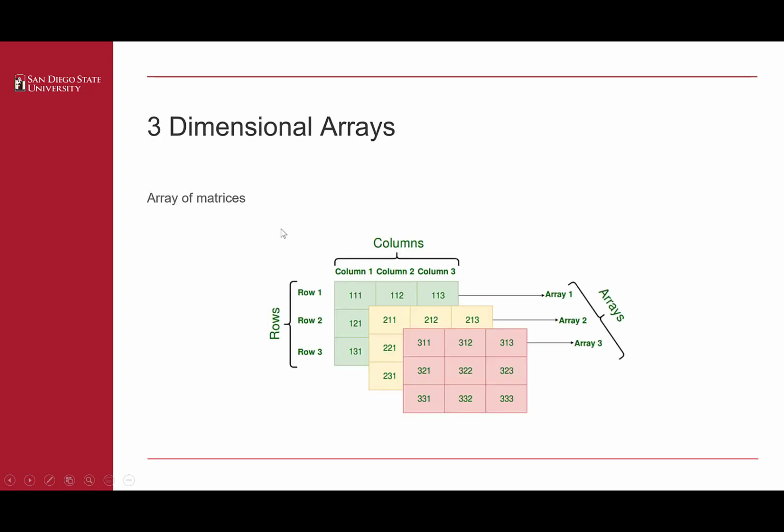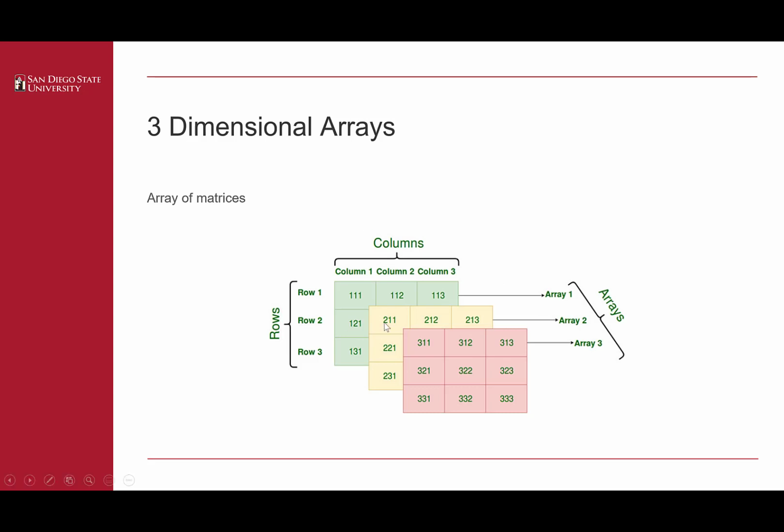And there are 3-dimensional arrays in Matlab, and you can increase the dimensions to 4, 5, 6, 7. It can go there. But for simplicity, we can look at 3-dimensional arrays. The 2-dimensional arrays are matrices. And if you put multiple matrices in an array, it will become a 3-dimensional array.